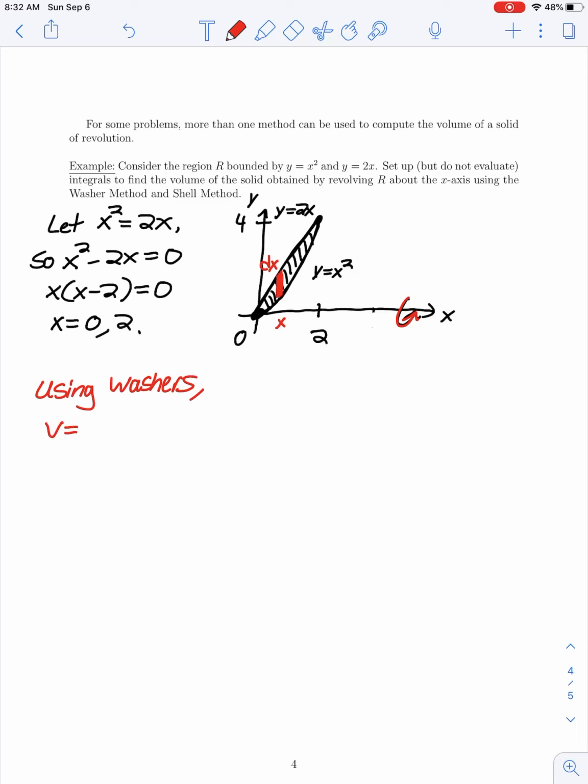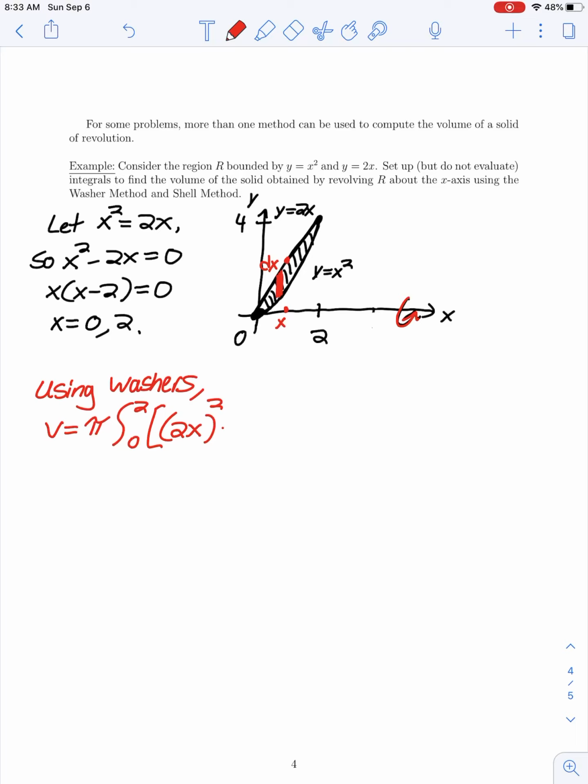I could calculate the volume as pi times the integral along the x-axis from 0 to 2 of the outer radius of my washer, which would be the distance from the x-axis to the top curve, which was y equals 2x.